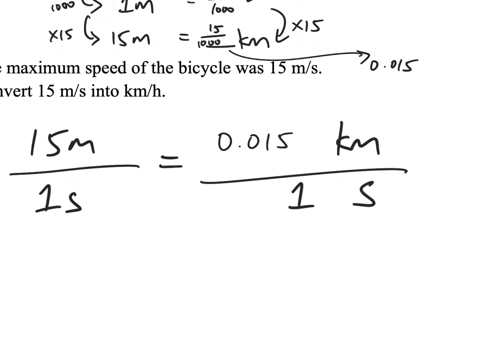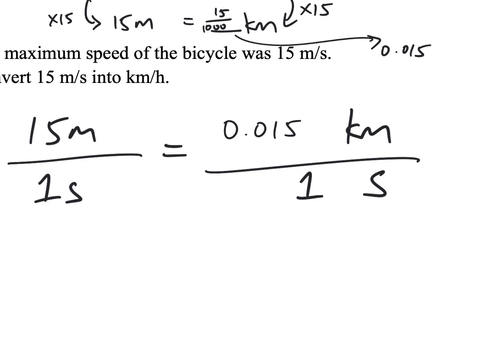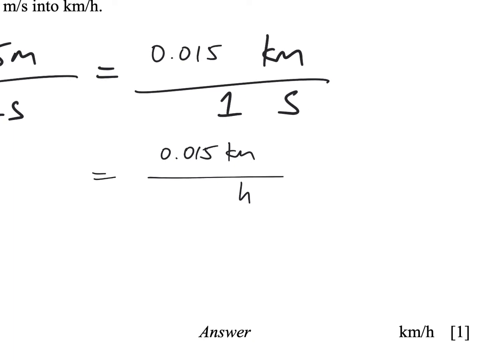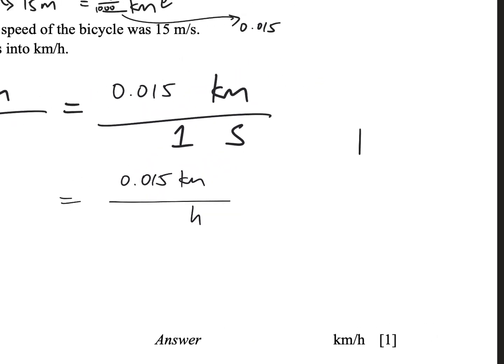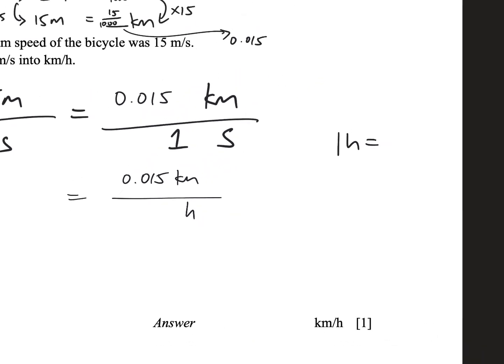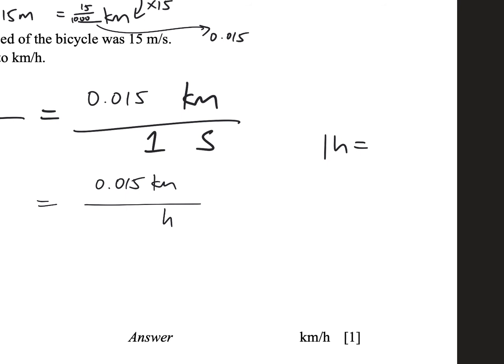And then the next step, now that we got the numerator to km, let's convert the denominator to hours. So we have 0.015 km. We want to convert seconds to hours. And how do we do that? Then we look at 1 hour as how many seconds. So we think we have 60 minutes in an hour, and each minute has 60 seconds. So we have 1 hour equals 3,600 seconds.